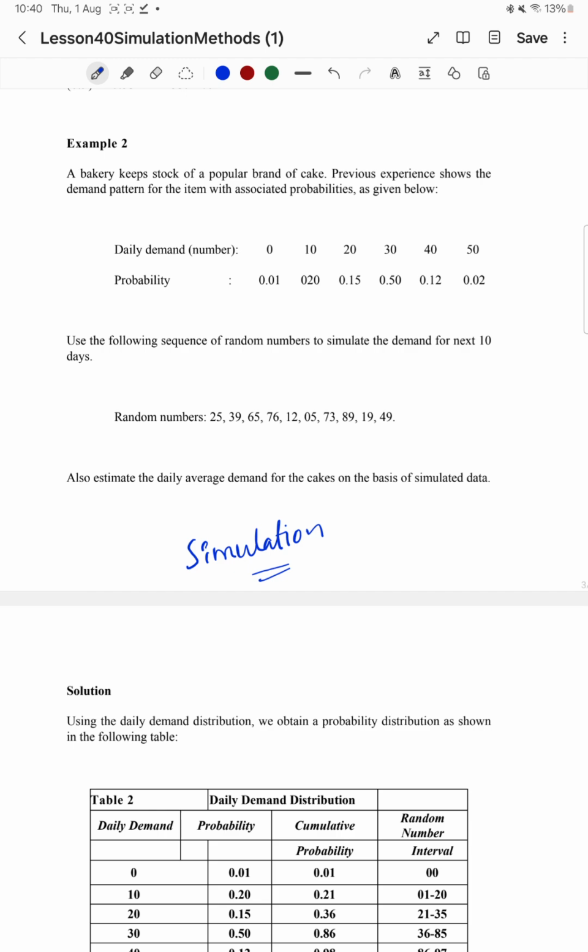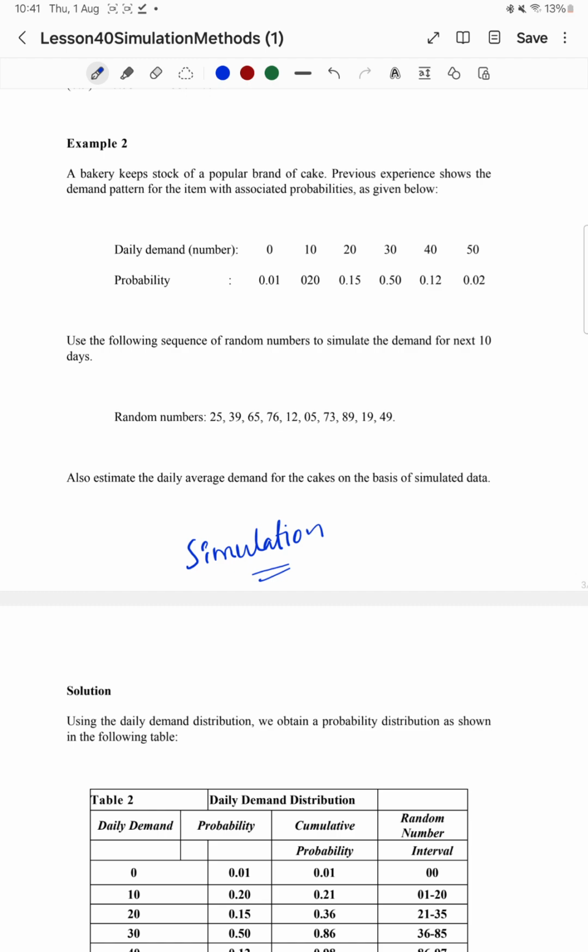Sometimes whenever we want to know about something, generally we learn about this through experiments. So simulation is a process where we try to understand the behavior of an original system by doing experiments on dummy models.